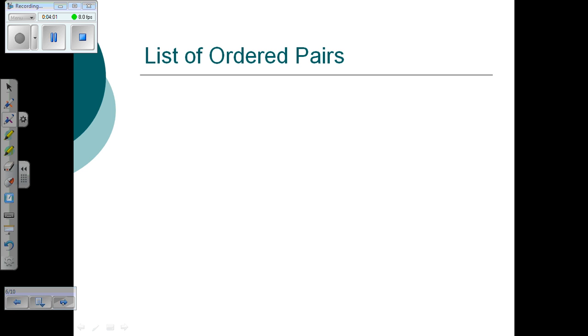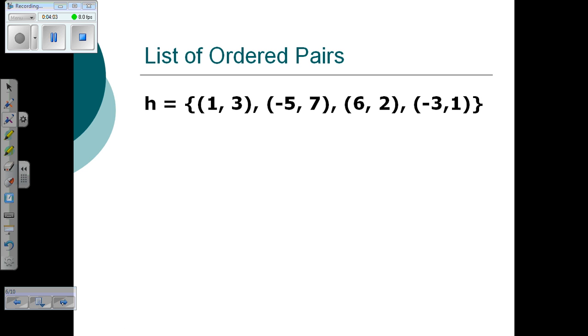So let's look at some examples of this. Let's start with a list of ordered pairs, which is the first representation of relations that we saw. This relation is a function, you can see, because all of the domain values have only one output value with them. So the first question I could ask is, what is h of 1? Now, h is the name of this function, as I can see up here.